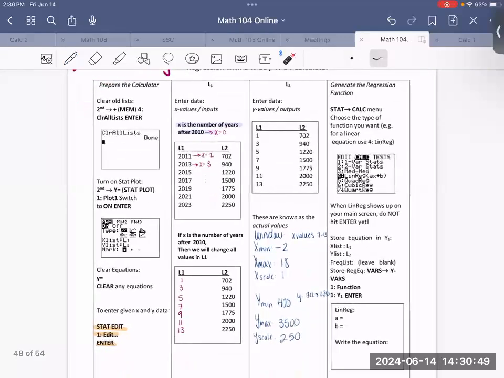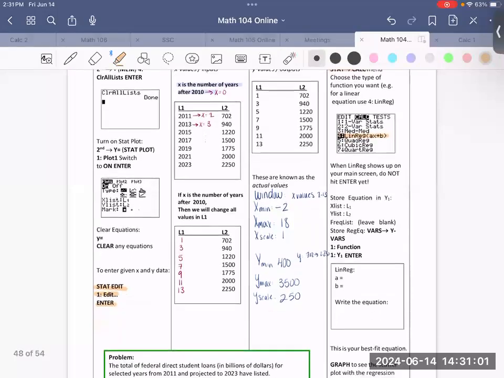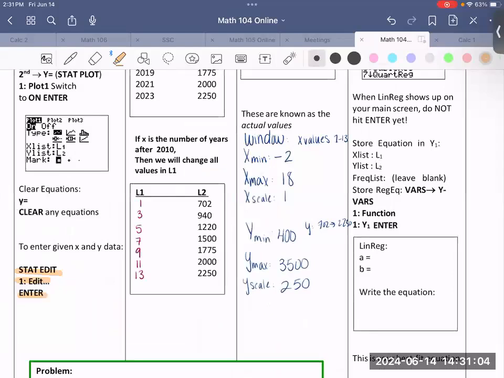So once you determine what your graph looks like, we're going to go ahead and hit Stat, Calc. This is where we get to choose specifically lin reg. We did this before with average error. So when we go to look at your lin reg, we want to make sure that we're also storing your equation.